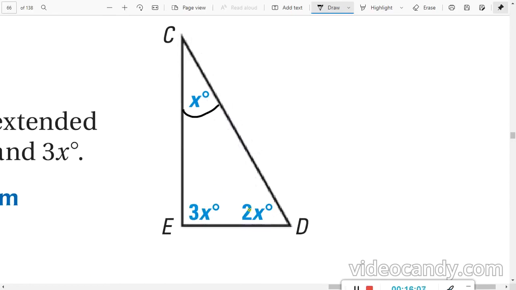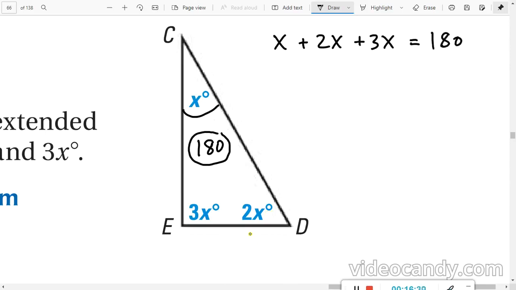We know that the angles inside of a triangle add to 180. So all we have to do is add the three angles and set them equal to 180. So we have x plus 2x plus 3x equals 180.